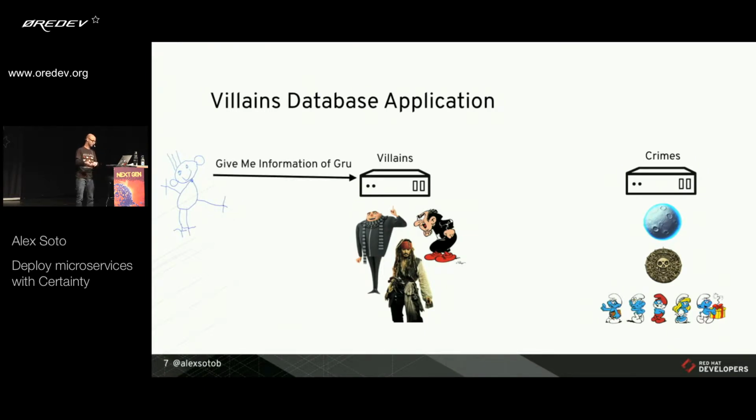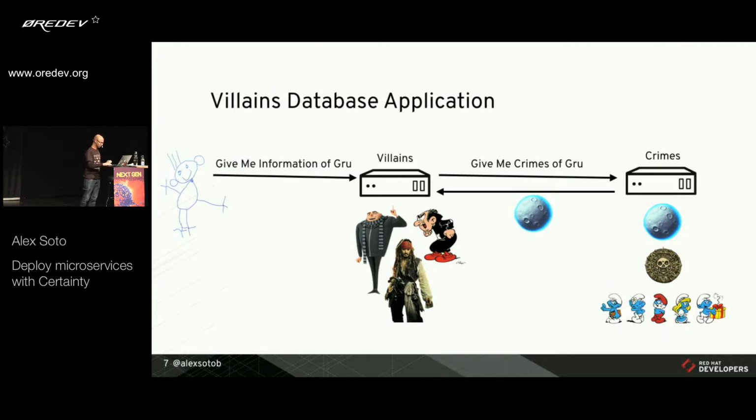So finally, I say, please, Beeline service, give me information of GRU. Then the Beeline service receives the incoming message and says, yeah, I also need all the crimes that GRU can do. And then it returns all the information, in this case the moon, and finally it returns to me all the information of GRU plus all the information of the moon.